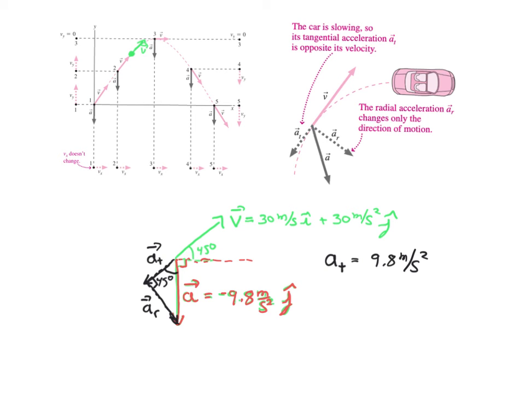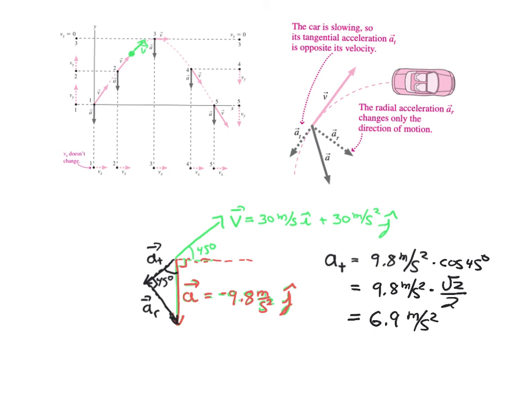So that means we need a factor of cosine of 45 degrees here, or 9.8 meters per second squared times the square root of 2 over 2. And that works out to be about 6.9 meters per second squared.